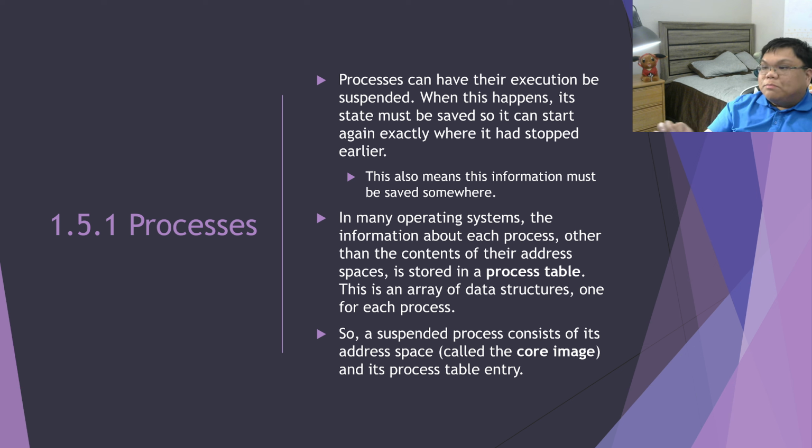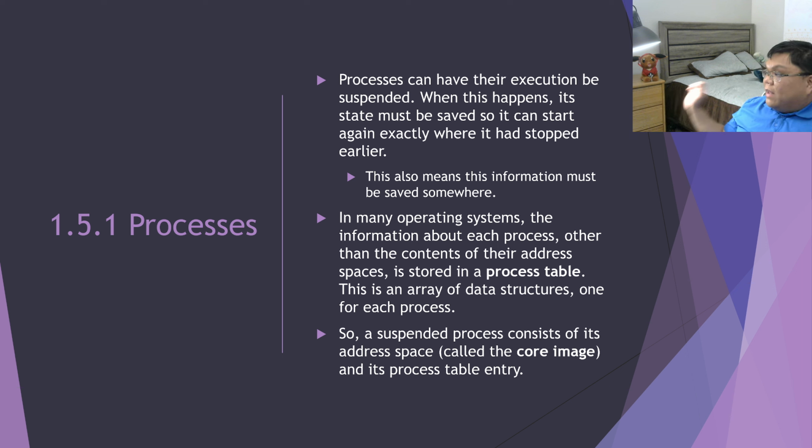When a process gets suspended, its state must be saved so we can start again exactly where it had stopped. In many operating systems, this information about each process is kept in what's called a process table, which is just an array of data structures, one for each process.